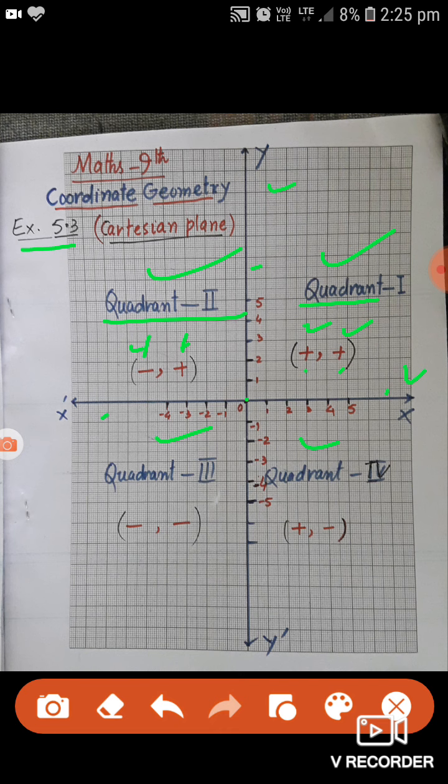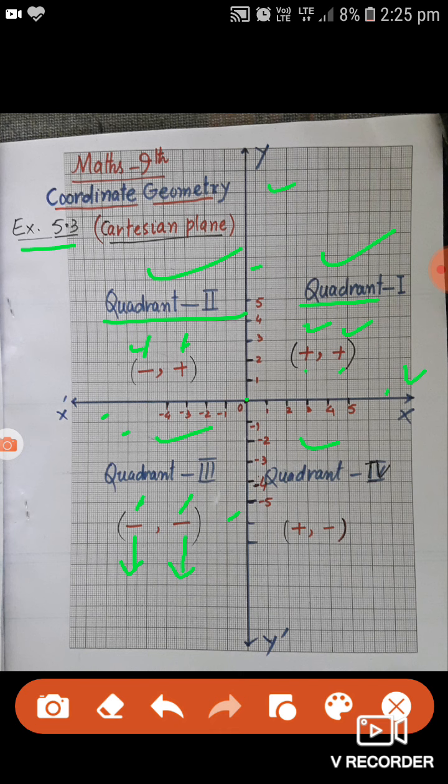And in the third quadrant, the x-axis is negative and the y-axis is also negative. So any point in this quadrant will be of the form minus minus. Any point existing in the third quadrant has a negative x coordinate and a negative y coordinate. Both abscissa and ordinate will be negative.